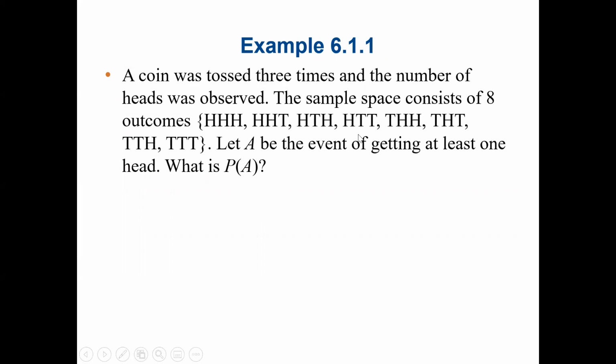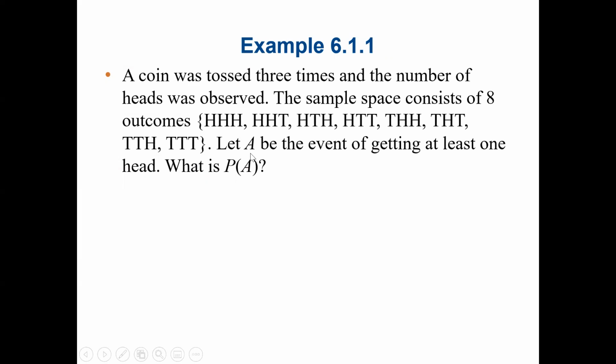The sample space will always be the possible outcomes to the power of how many times something is taking place. Here we are tossing the coin 3 times, the possible outcomes are 2, so 2 to the power 3 gives me 8. So the total possible outcomes will be 8.